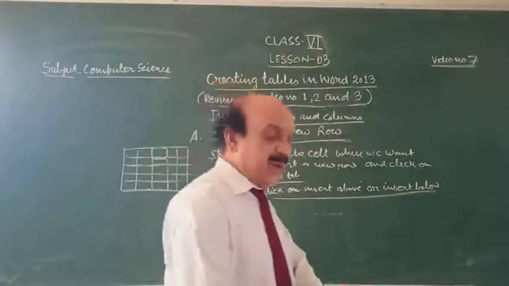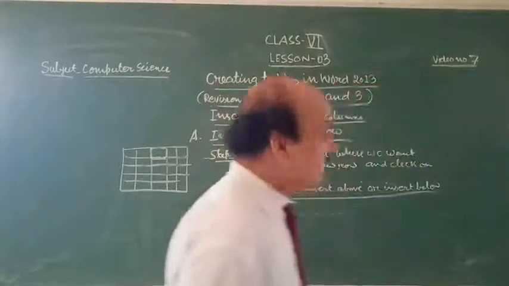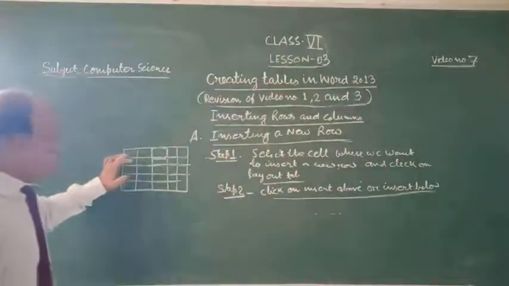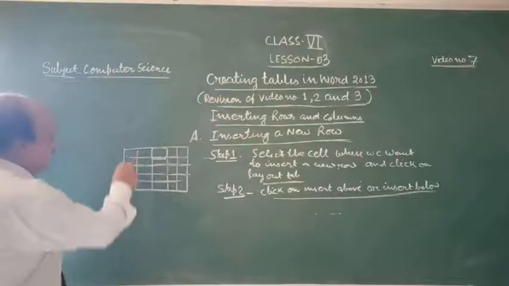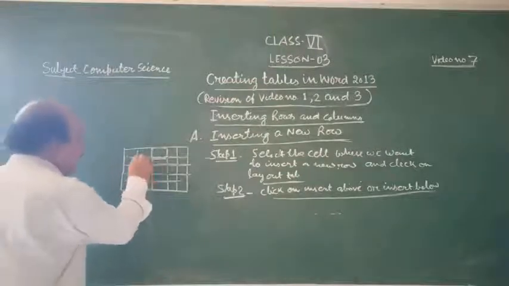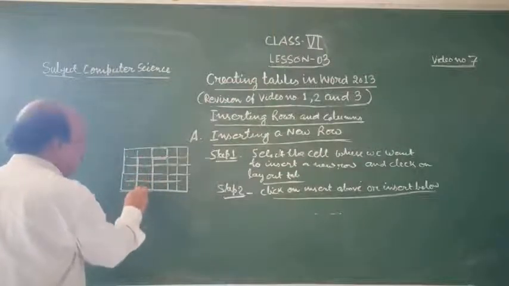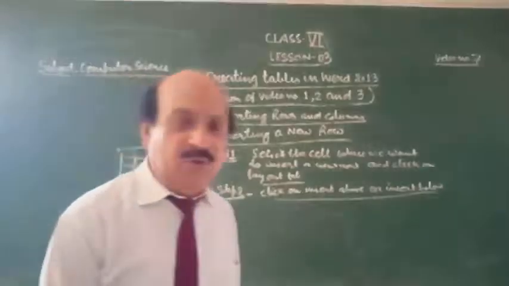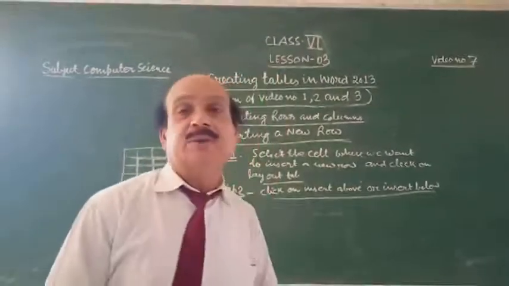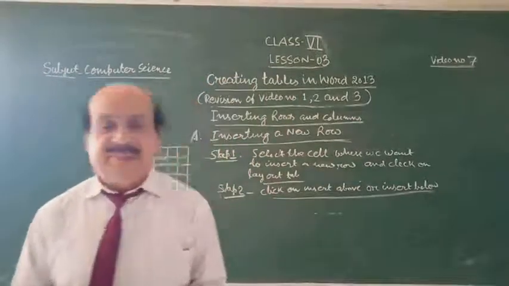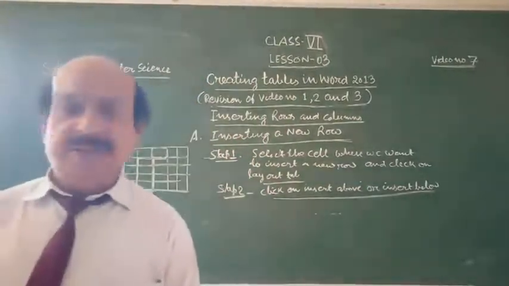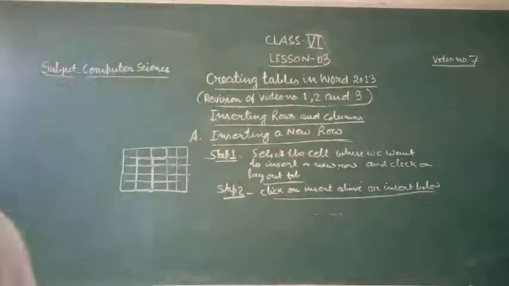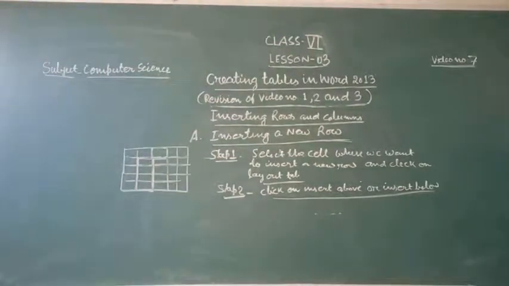Whenever you click it, you will see the new row start to be created above or below the row you have selected. So this is the way we can insert rows in a new table. We have now seen how we can insert a column and how we can insert a row.